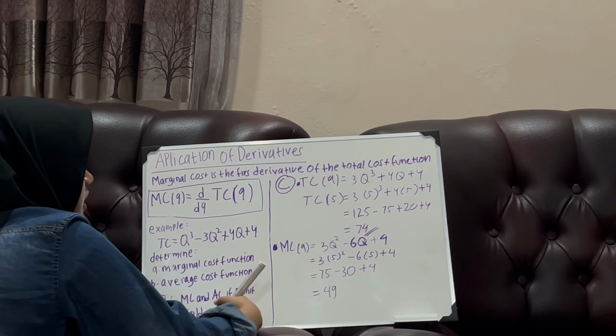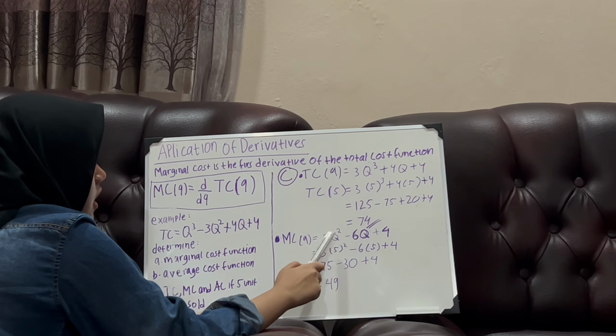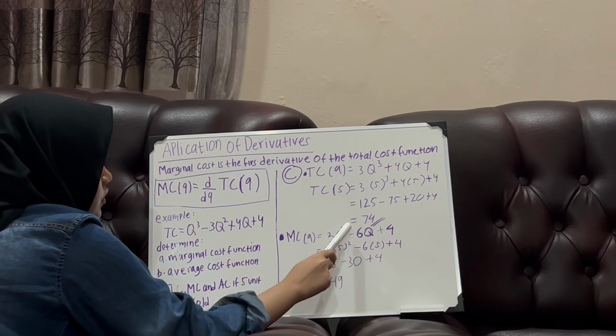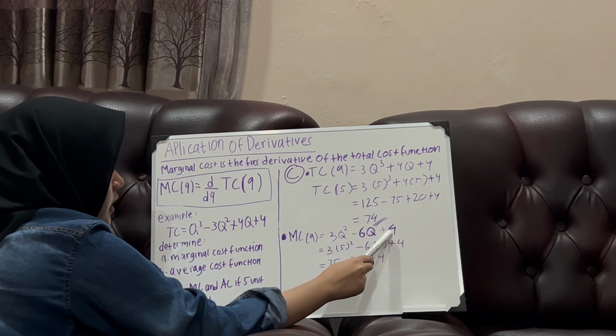And MC(Q) equals 3Q squared minus 6Q plus 4.